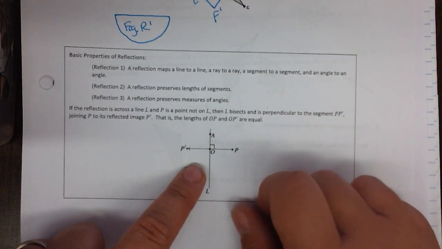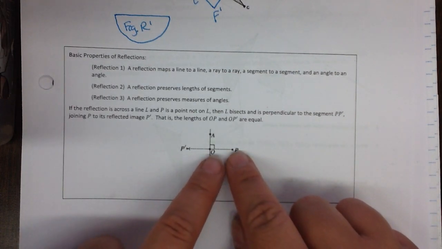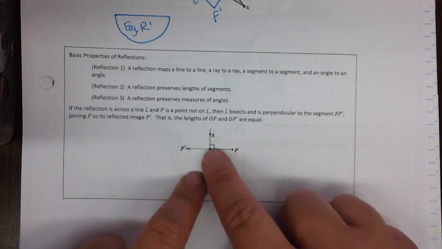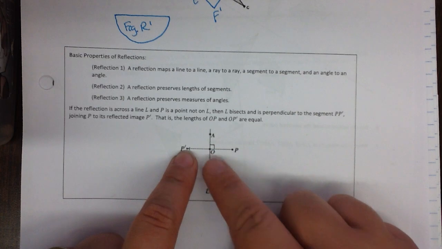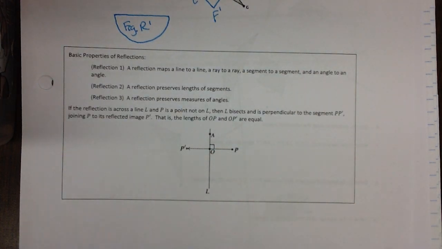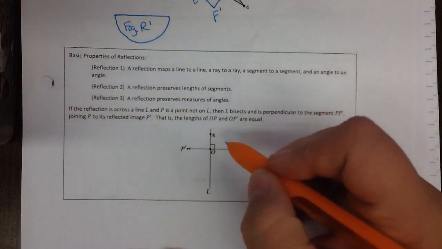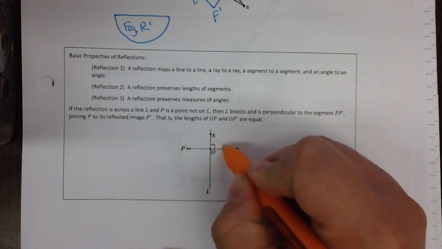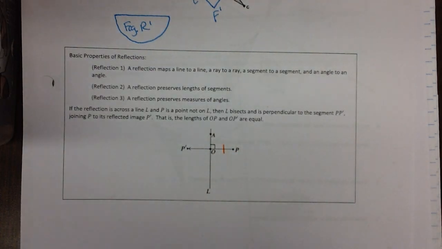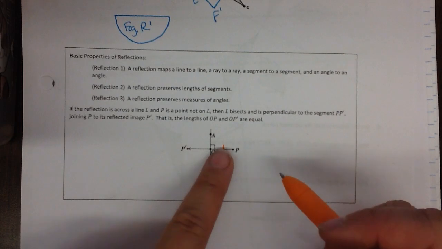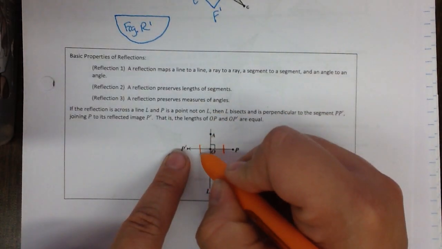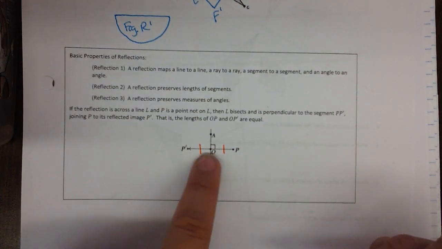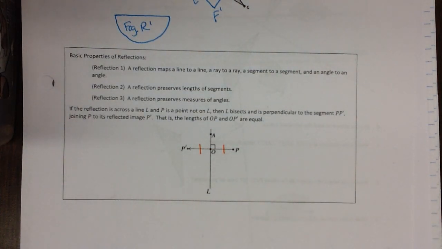Another thing is that the distance from O to P is the same distance as from O to P prime, and we can note that by using little tick marks. When you see the same number of tick marks, that means that length is the same amount.